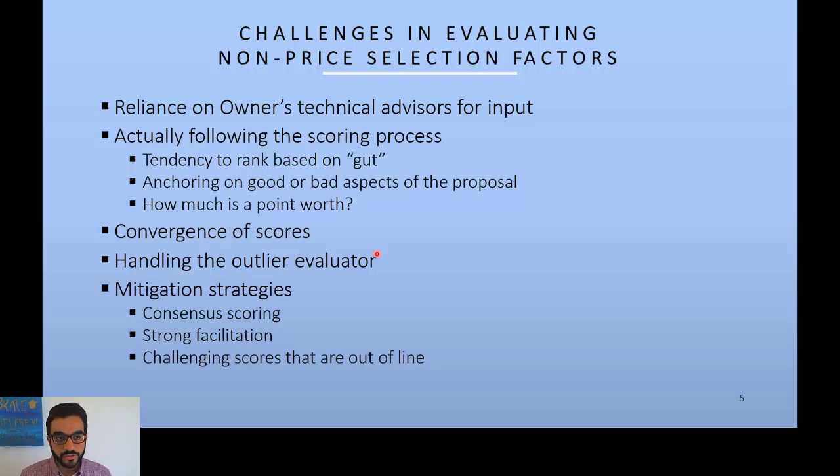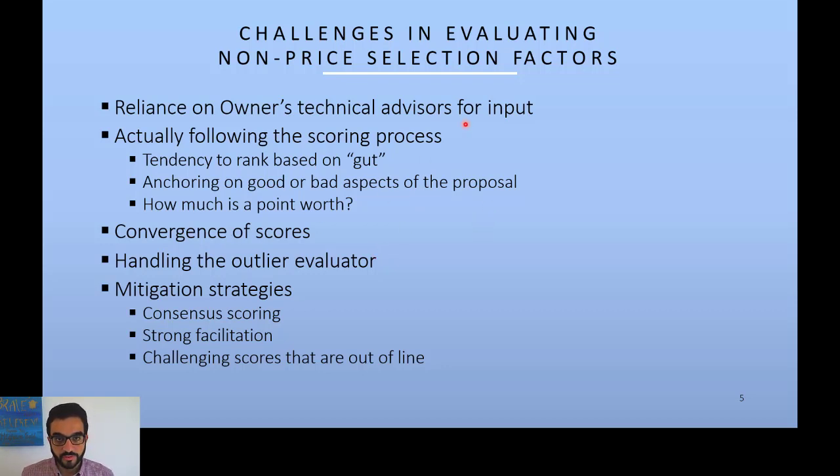The next liability issue is dealing with non-price selection factors, the subjective parts of the design build. These are things that the evaluator will depend on their gut to select and evaluate, not price, where the selection criteria are very clear and crisp.